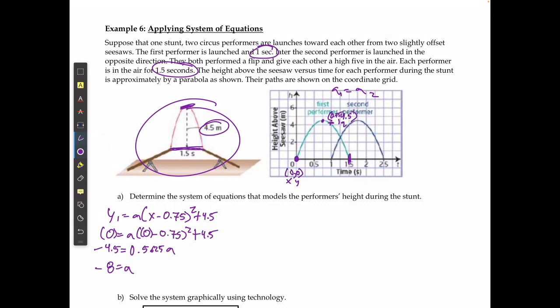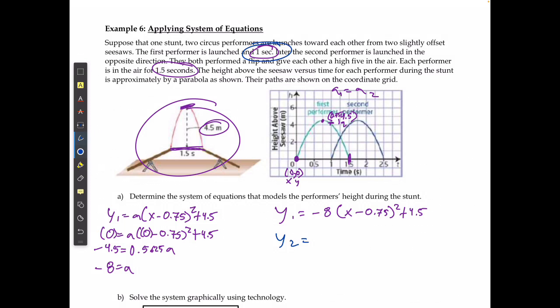Which means that my first equation, y1, is going to be negative 8(x minus 0.75) squared plus 4.5. My second equation, it actually tells me right in the word problem.